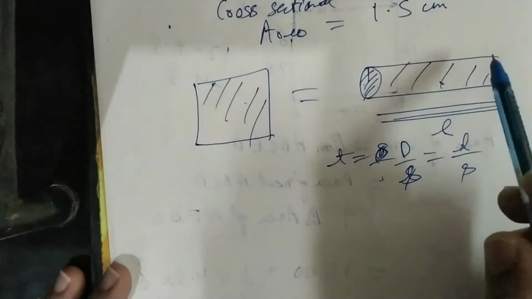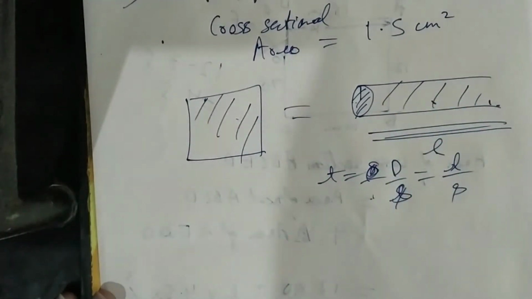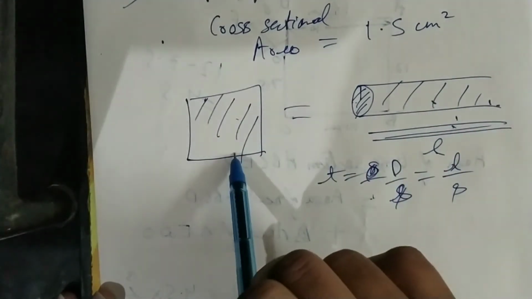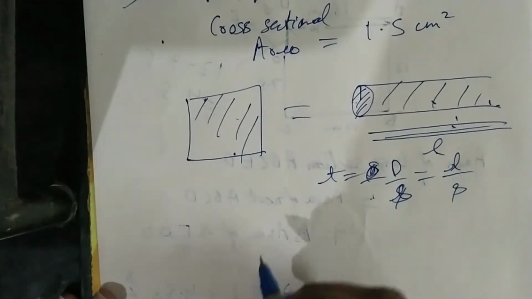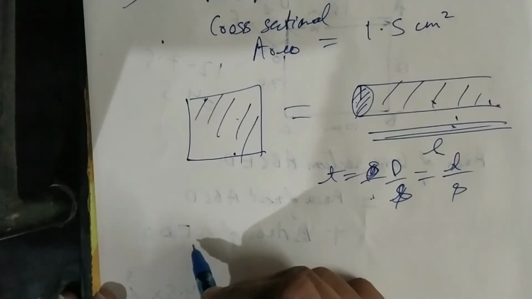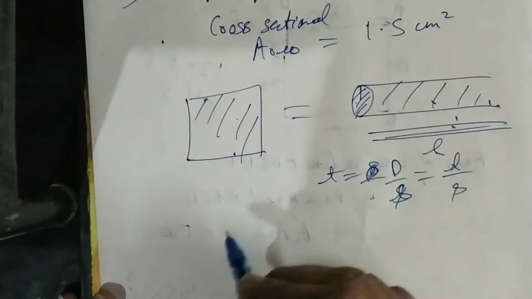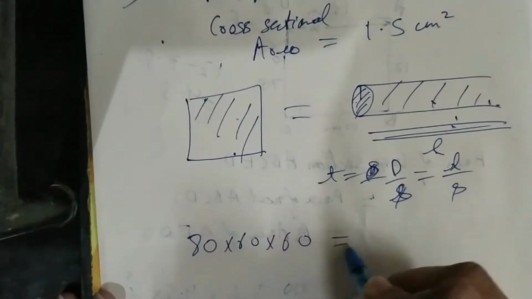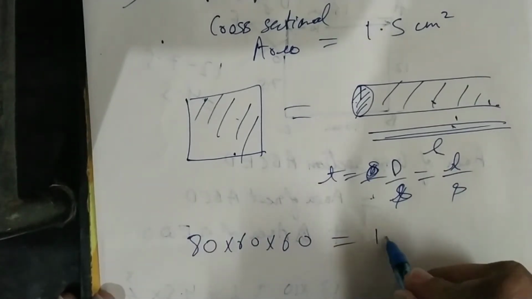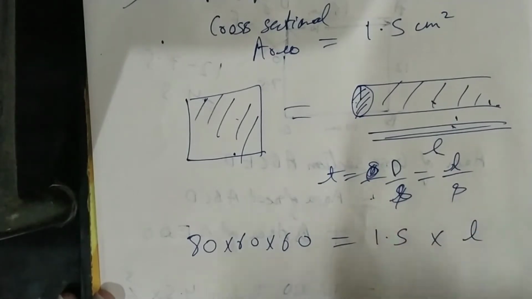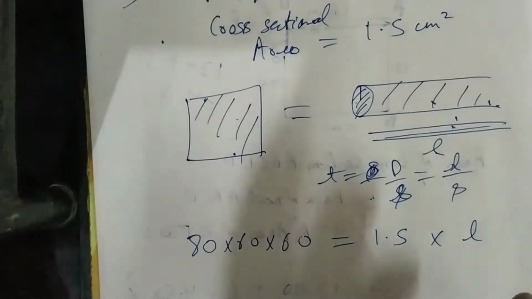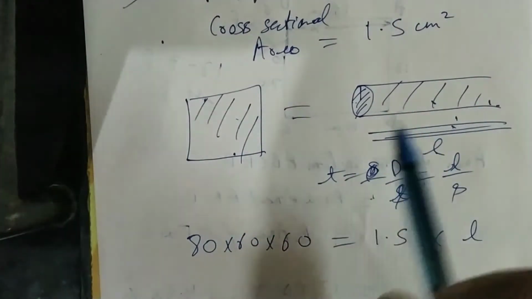The amount of water delivered by this particular pipe must fill this tank, so both volumes must be equal. So the volume of the tank, or capacity, which is equal to 80 into 60 into 60, is equal to the area of cross section, that is 1.5, multiplied by the length of pipe, which is the distance which water has traveled through this cross section.